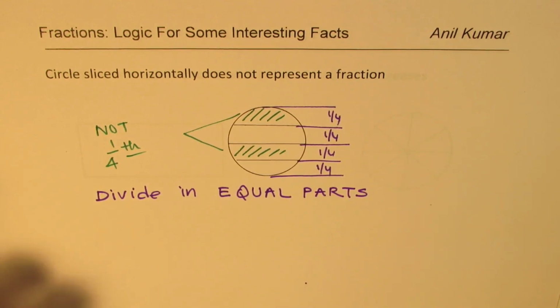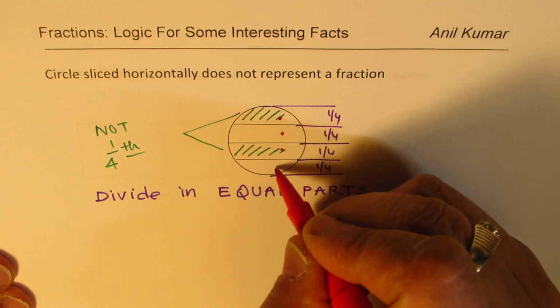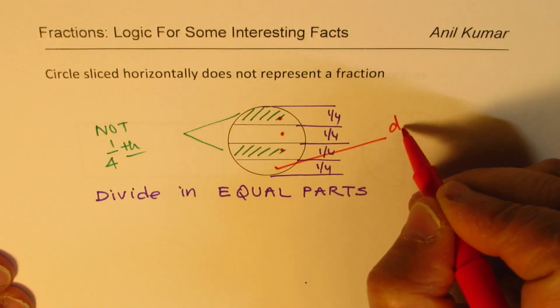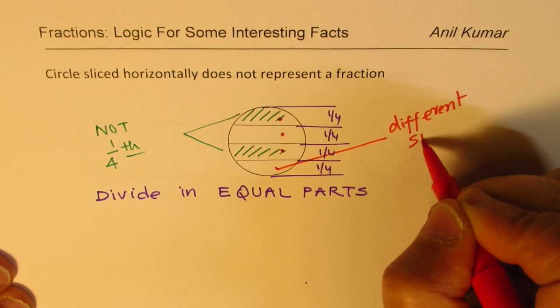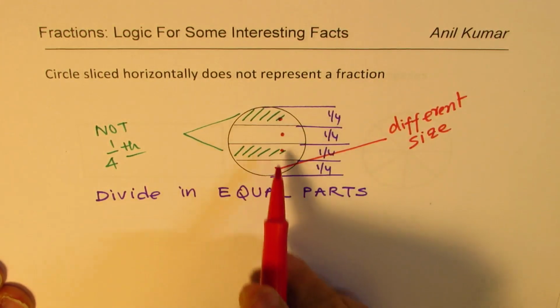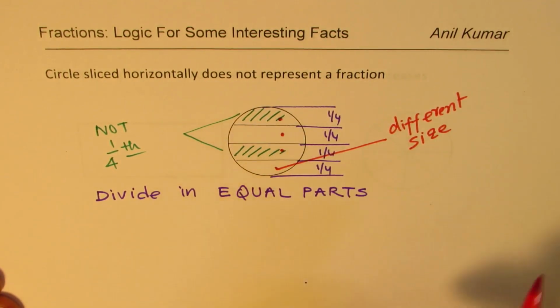What do you notice in this case? Are these parts or slices equal? I don't think so. So here, all of them are of different size. Since they are different size, we cannot say they represent part of the whole.